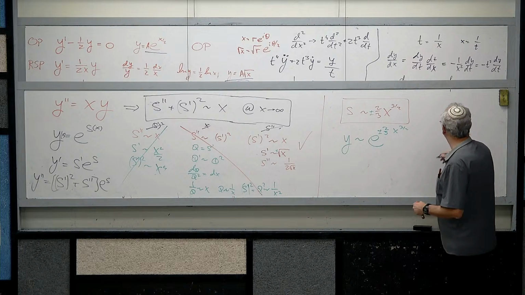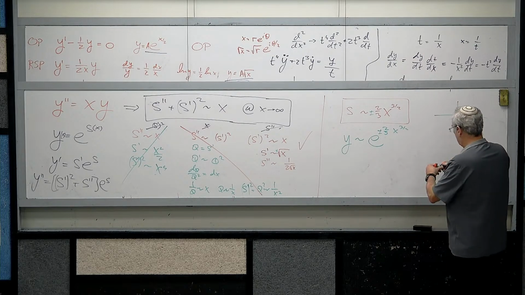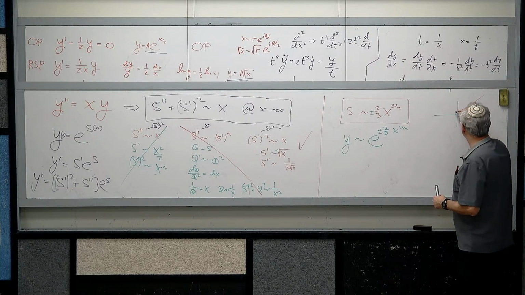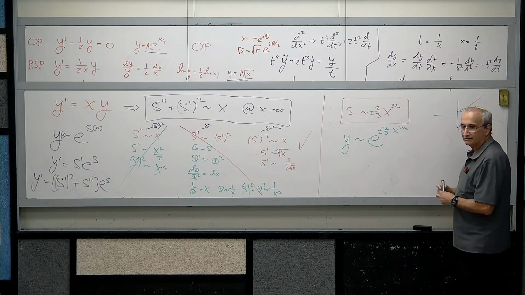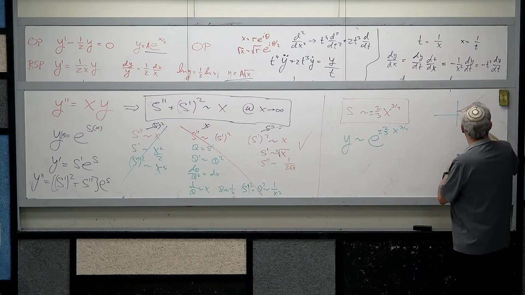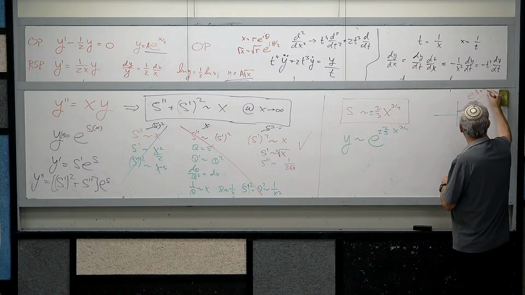I remind you that when I plotted the Airy functions, I told you that there is one that diverges and one that goes to 0 as x goes to infinity. If you check, you will find that one diverges like e to the 2/3 x to the 3/2, and the other goes to 0 like e to the minus 2/3 x to the 3/2.